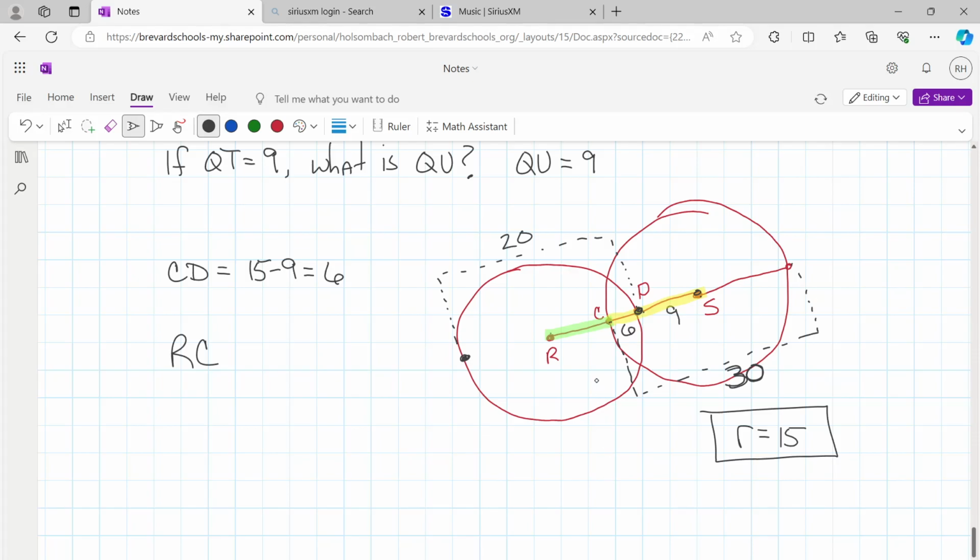We need RC. So if the diameter of circle R is 20, what's the radius of circle R? That equals 10. So from R all the way to D is the radius, isn't it? Center to the edge of the circle. If R to D is the radius and it equals 10, then doesn't RC equal 10 minus 6? And that piece would be 4.